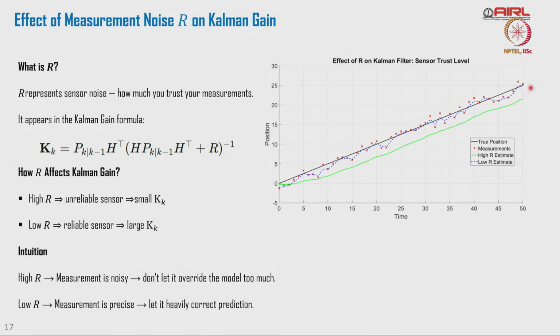Again I did a small experiment, same for the position sensor. I have the black line representing the true position, red cross represents the measurement data. The blue line is the low R estimate, the green line is the high R estimate, to give an understanding of the effect of R on estimation.